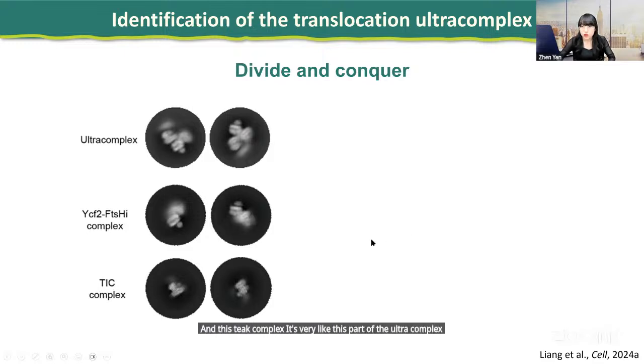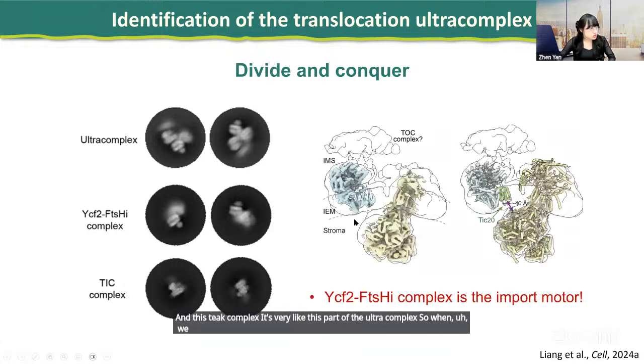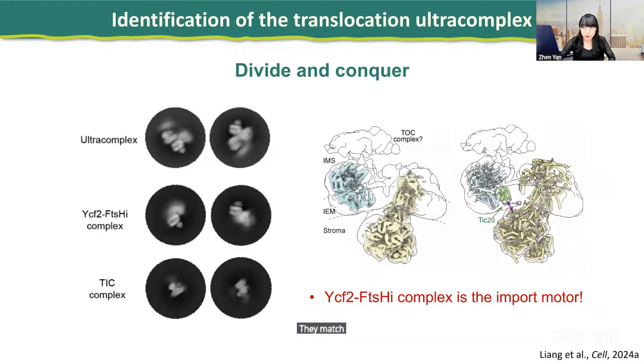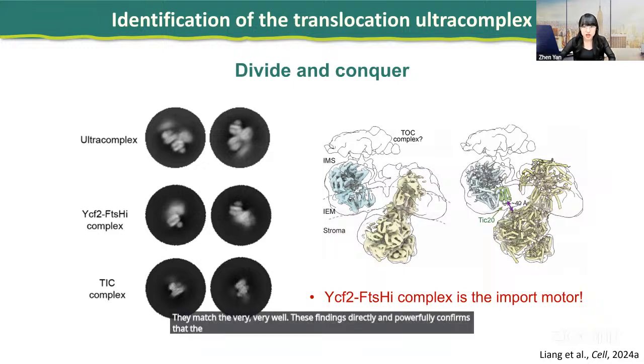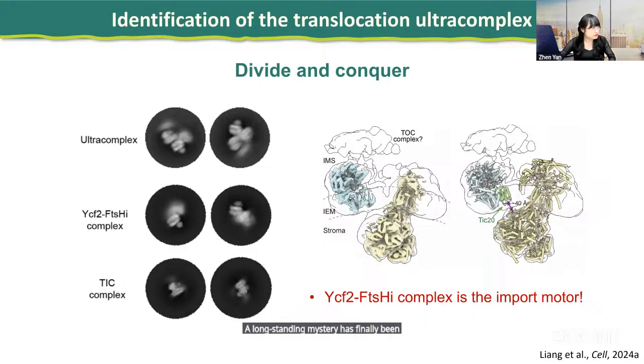So when we align the 2 high resolution structures with the ultra complex map, they matched very, very well. These findings directly and powerfully confirm that the YSF2 FTSHI complex is the import motor of the chloroplast protein import system. A long-standing mystery has finally been solved.